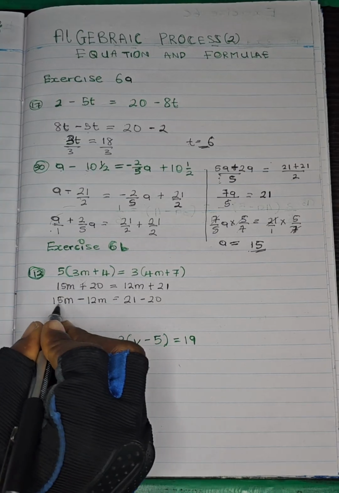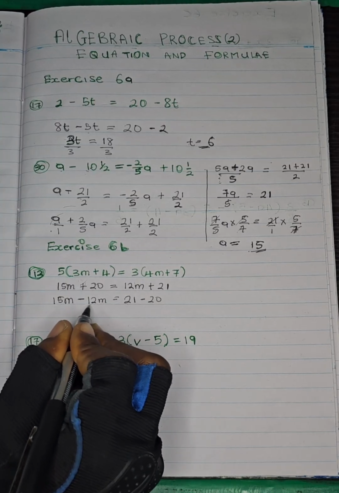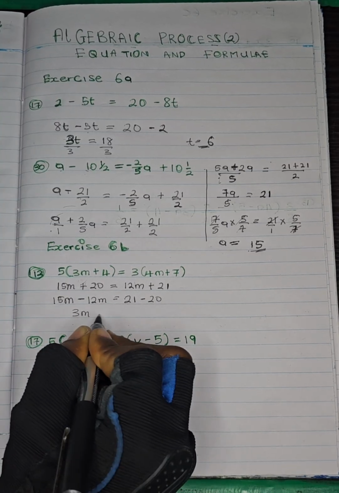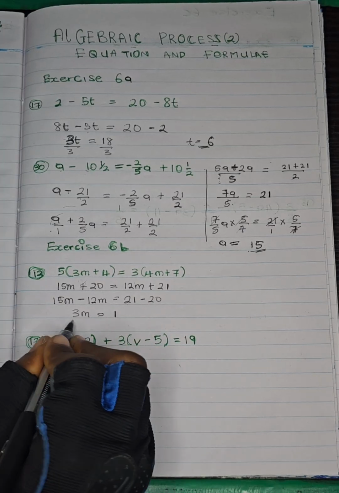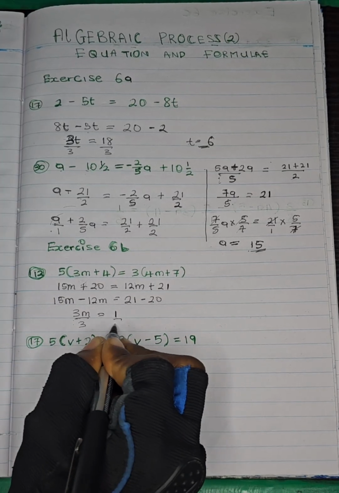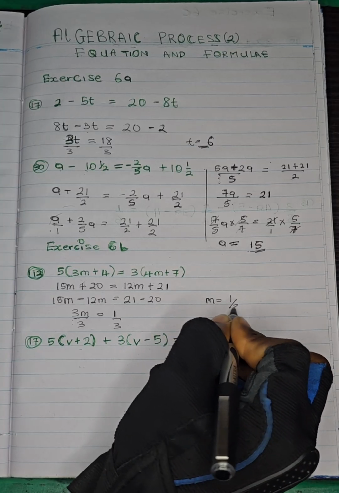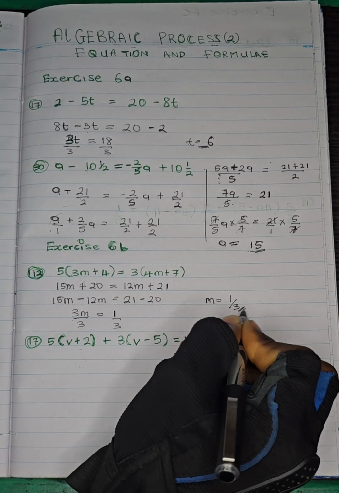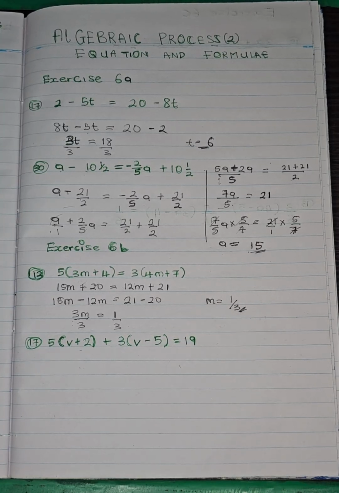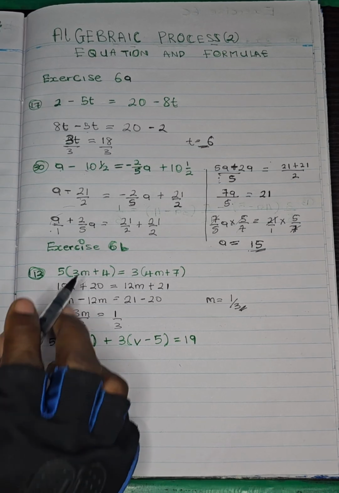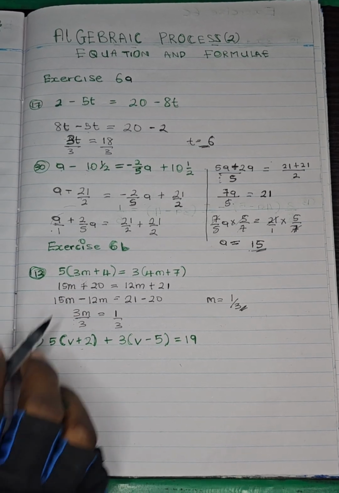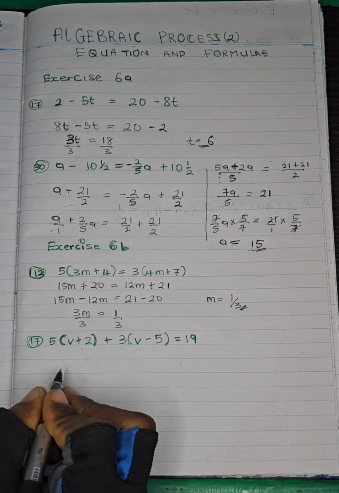So you have 15m minus 12m, you have 3m is equal to 1. So divide both sides by 3. You now have your m is what? 1 over 3. This is your final answer. Let's go to the next, number 17 of exercise 6b.